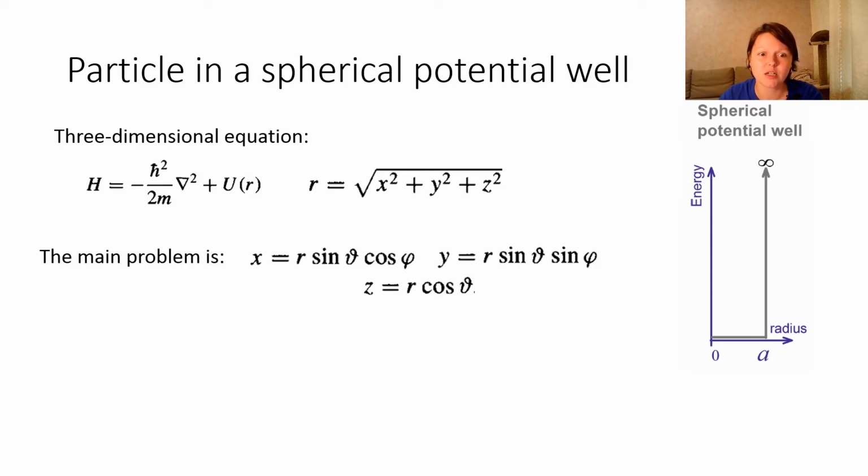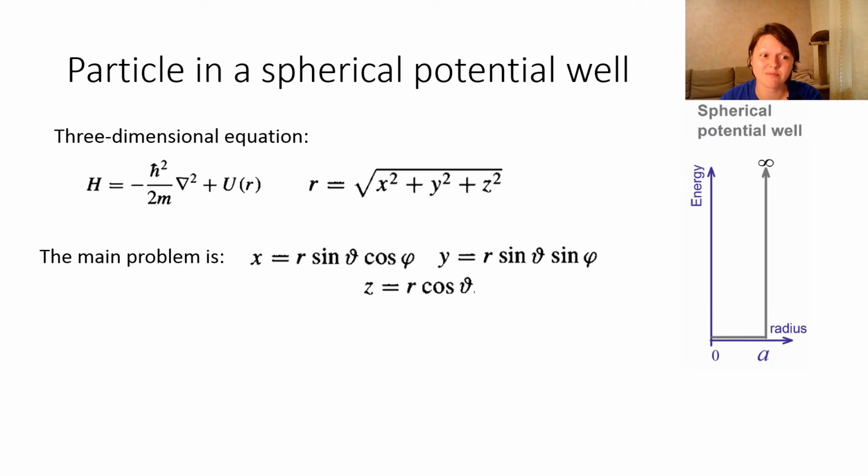In this case, we should go from the linear arguments to the spherical or radial arguments, which contain the radius of the spherical potential well and two angles, because the problem is three-dimensional.